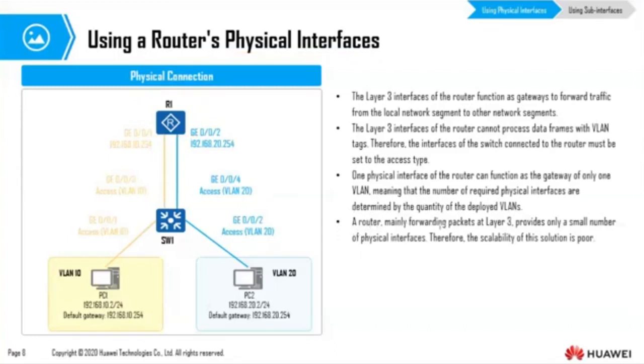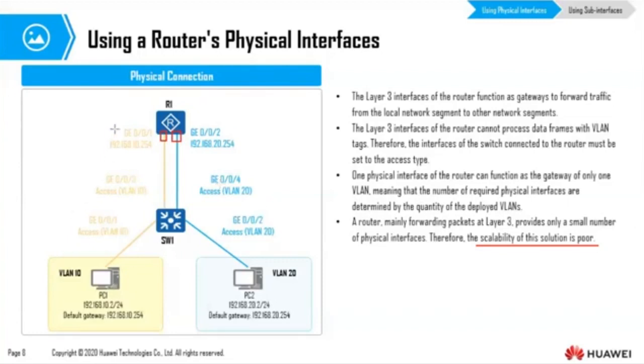Okay, so a router mainly forwarding packets at layer 3 provides only a small number of physical interfaces. Therefore, the scalability of this solution is what? Poor. For this solution, we are saying each VLAN occupies or uses a single router physical interface.